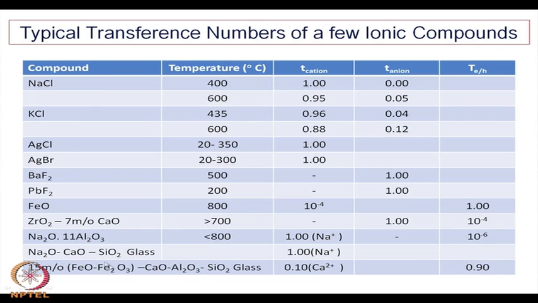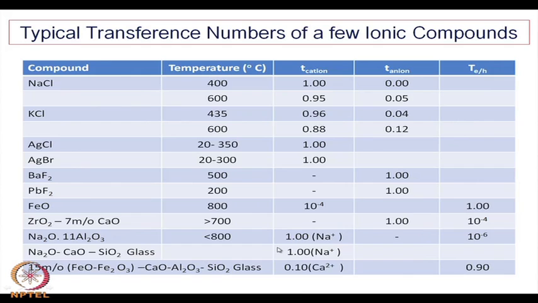Why have these two glasses been mentioned here? By just changing the composition, the basic glass can be changed from an ionic conductor to an electronic conductor, and the conductivity is primarily because of the presence of the semiconducting oxides.